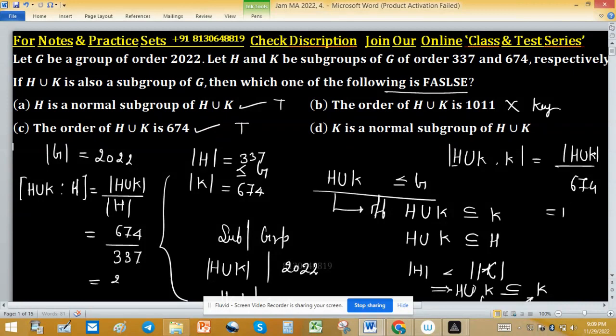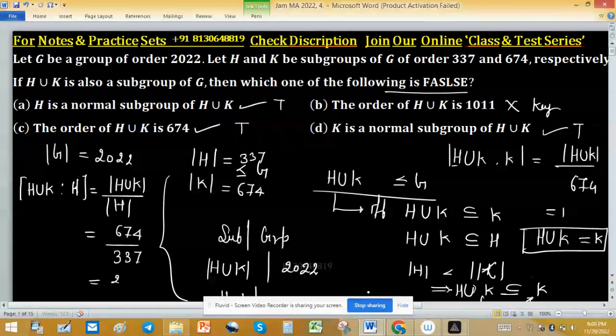If the index is 1 or 2, then it is always normal. And we know that the union of the subgroups is equal to K. That's why any subgroup is normal in itself. Option D is also true. So the key for this problem is option B.